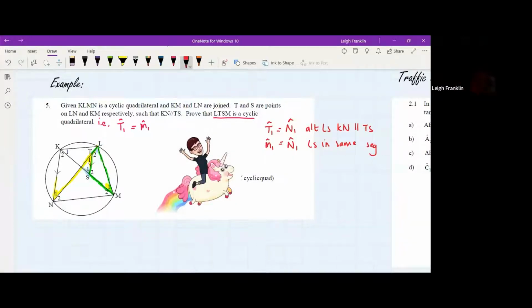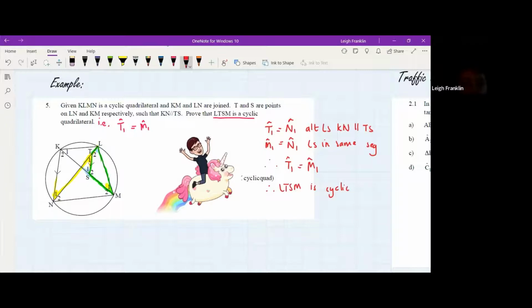If two things are equal to the same thing, then they must be equal to one another. So now, very important: therefore, T1 equals M1. This is what proves it. We have to make that statement. Therefore, LTSM is cyclic.